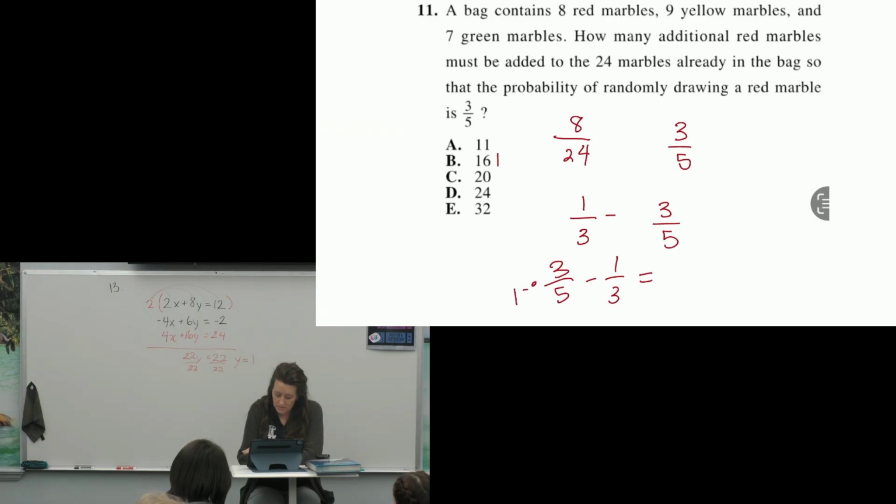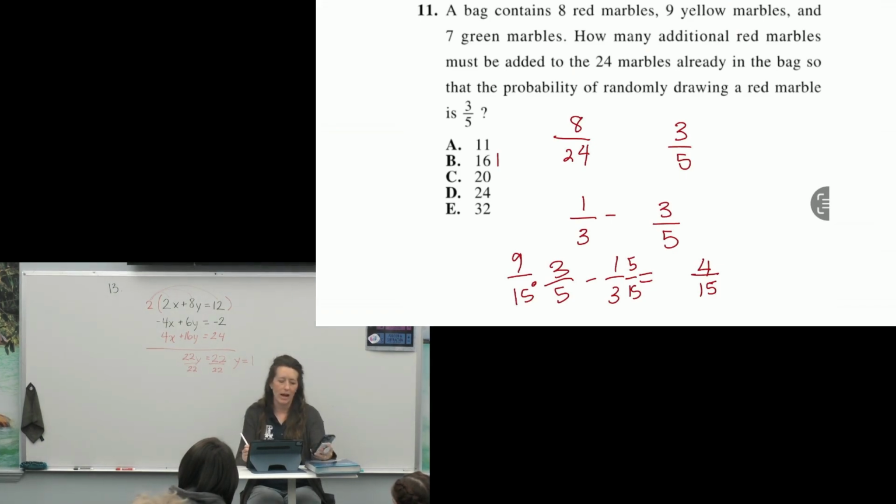If I change this to 15 and this to 15, it would be 9, and this would be 5, and then I would need 4. 9 minus 5 would be 4/15 is what I need more. But I need it in 24ths. I don't know how he's doing this. But yeah, he got it. 16. How did you do that?